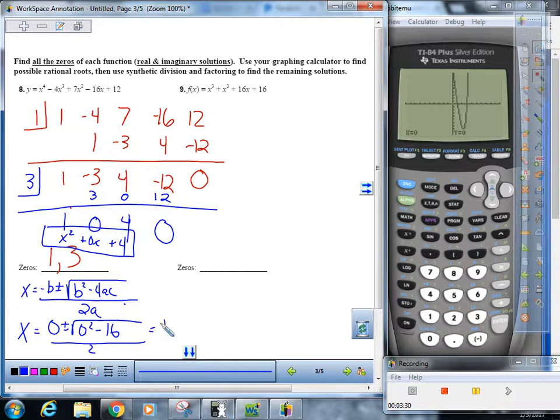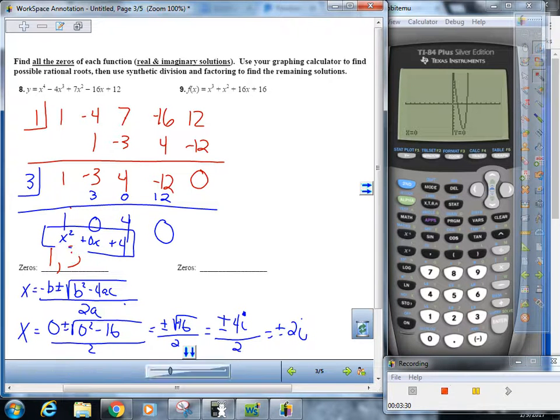You get plus or minus the square root of, sorry, it's a negative 16, over 2. So that is plus or minus 4i over 2, which is plus or minus 2i. And notice, those are your final two roots, or your zeros.